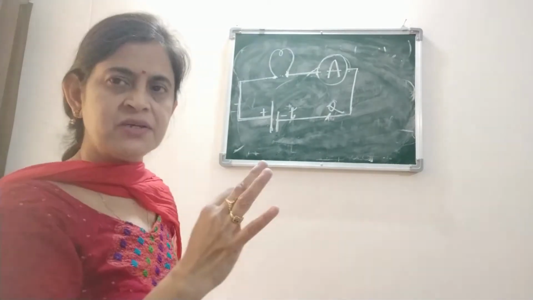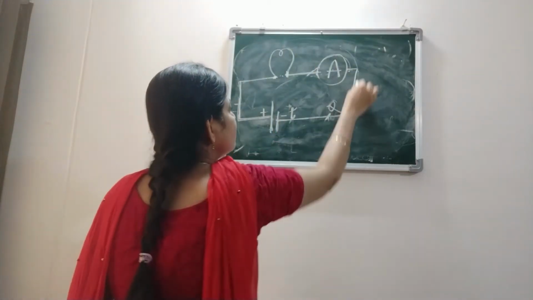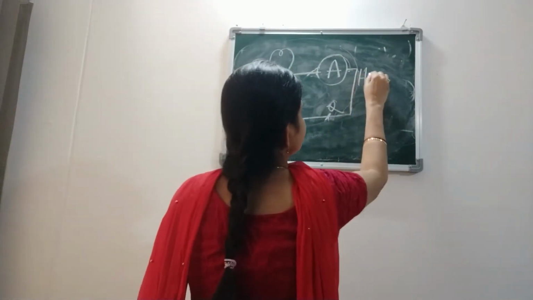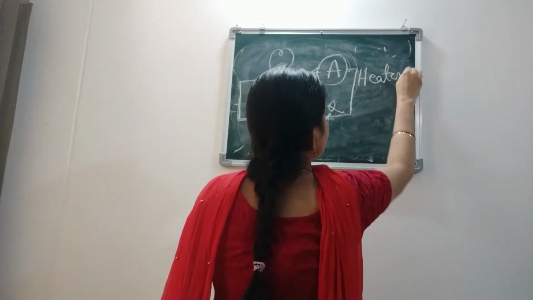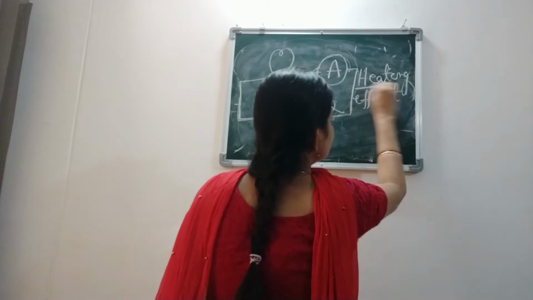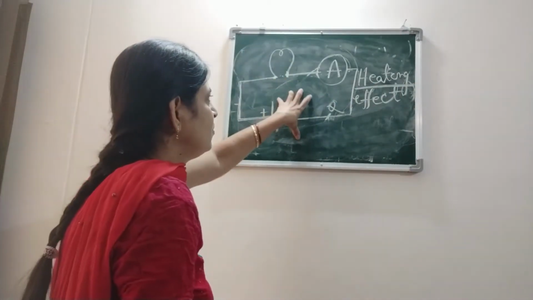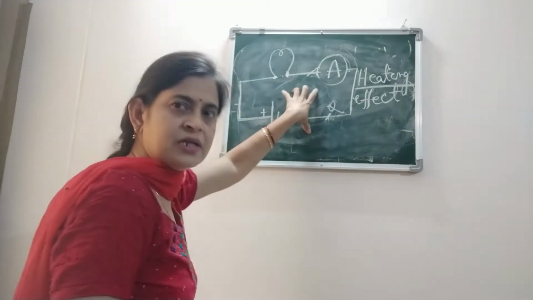That means, in other words, we can say that the heating effect is also produced. Heating effect will be observed. That means some amount of heat will be developed across the circuit.